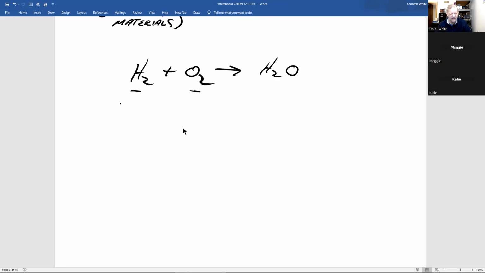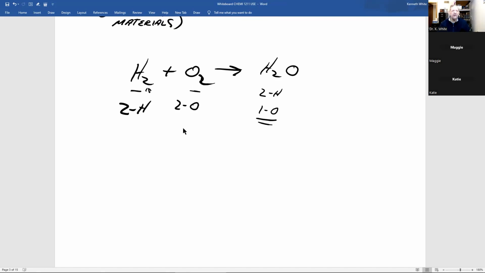Well, on this side, we have two hydrogens. On this side, we also have two oxygen, O2, two oxygen atoms. Now, on the product side, the head of the arrow, the water has two hydrogens, only one oxygen. It needs to have two oxygen, or the same number.